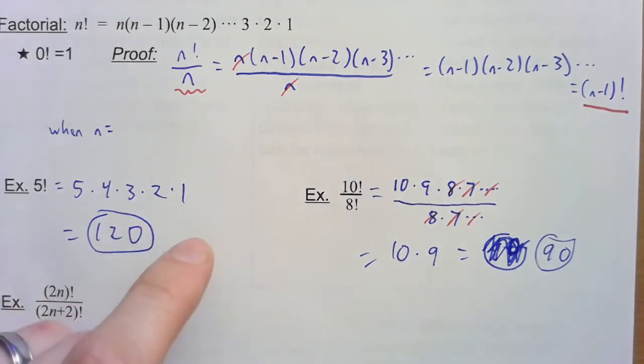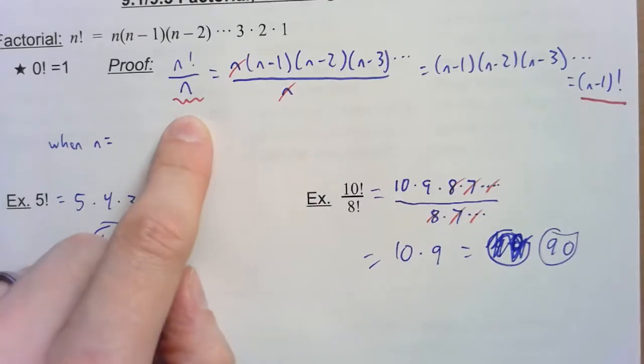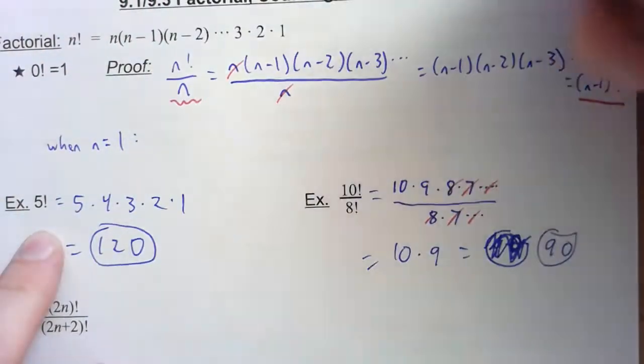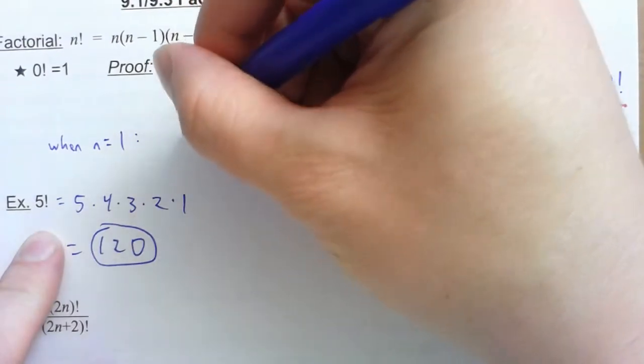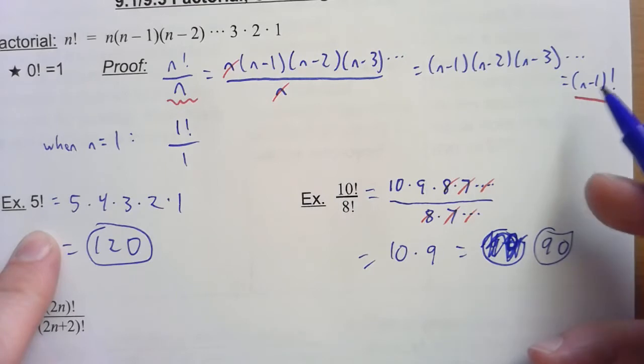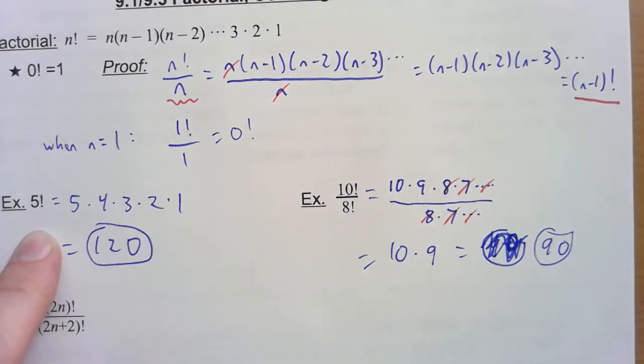I want to make n equal 1. So then I'll have 0 factorial here, and I'll know what this is. Let's see what happens when n equals 1. Over here, I would have 1 factorial over 1. And then over here, 1 minus 1 is 0. So over here, I'd have 0 factorial.